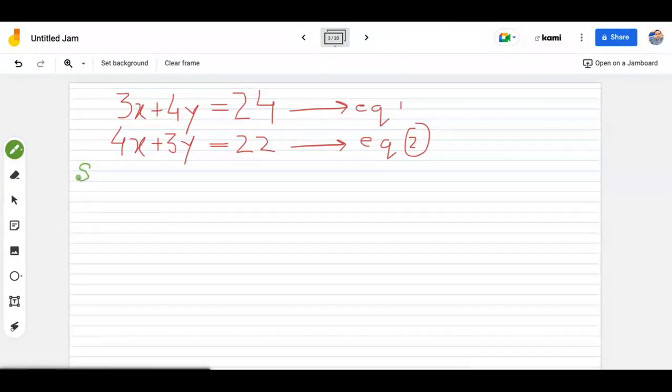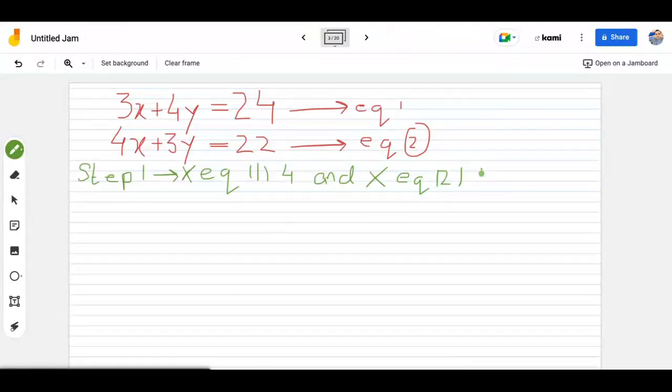Let's do step number 1. In step number 1, we will multiply equation 1 by 4, and multiply equation 2 by 3.